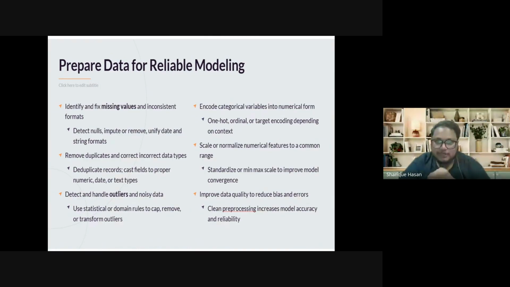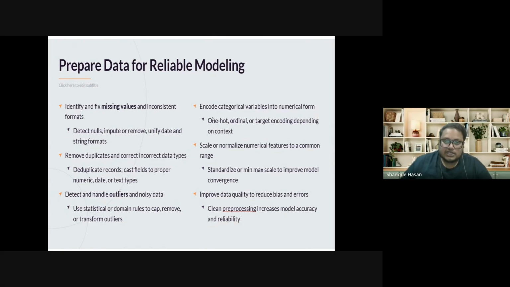So we're going to fix that: detect nulls, impute or remove, and unify data and string formats. Number two, remove duplicates and correct incorrect data types. When there are duplicate names or duplicate records, we have to remove them and get the data ready for analysis. The third one, handling outliers and noisy data.